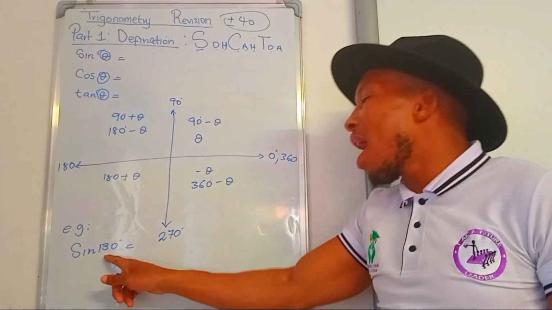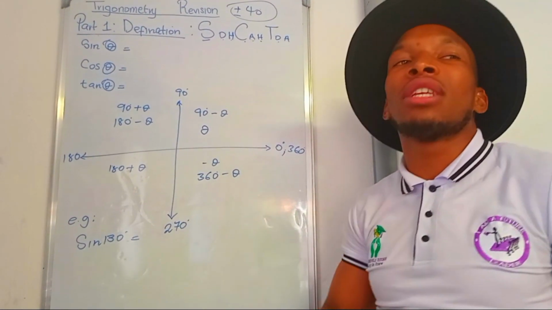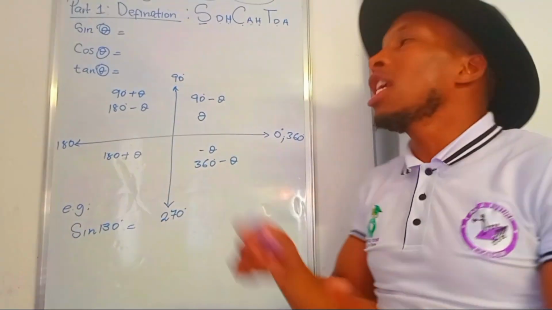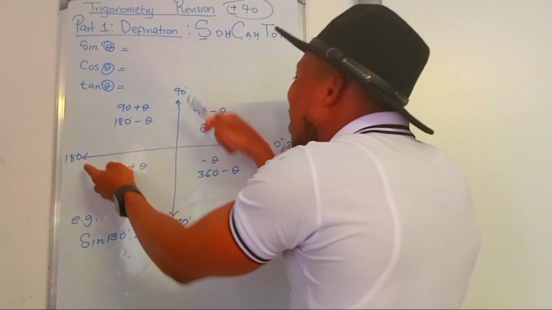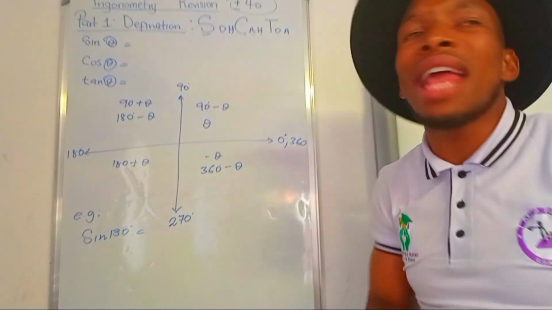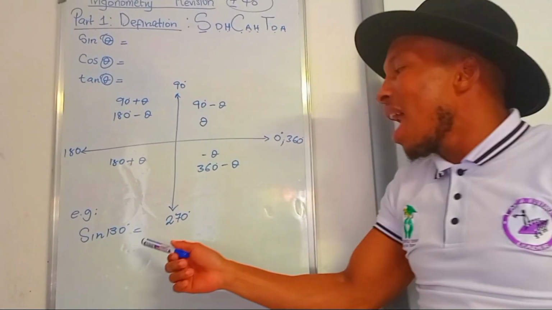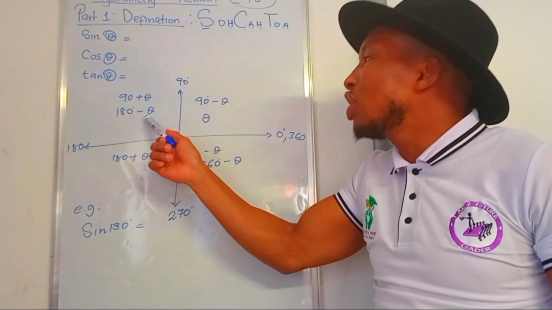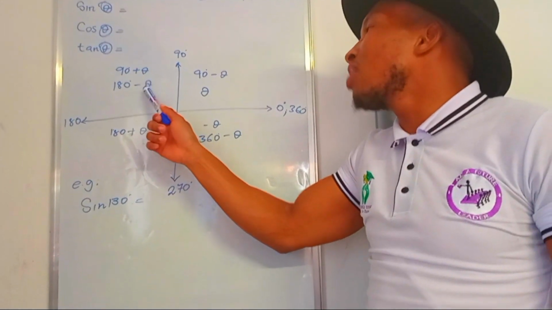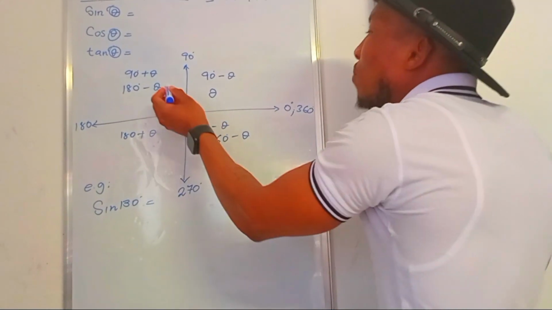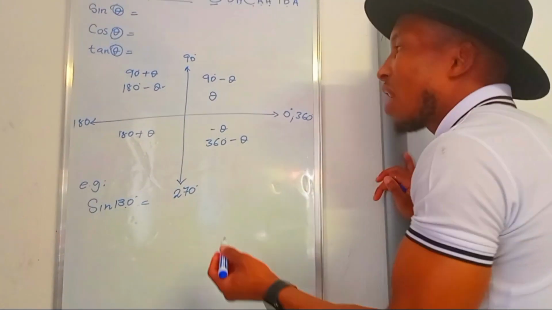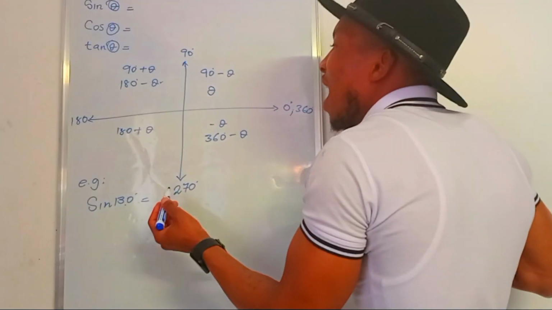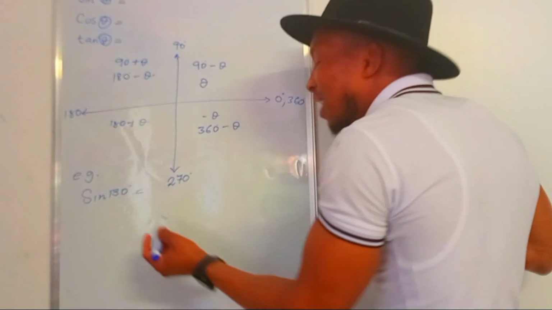As you see, we have 130 degrees. 130 degrees is between 90 and 180. Therefore, this is the reduction formula that we're going to use. We're going to look at what acute angle we need to subtract to get 130 degrees.